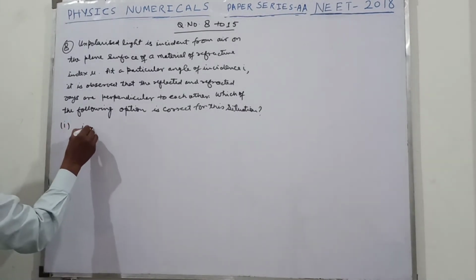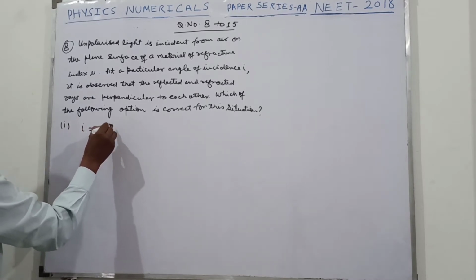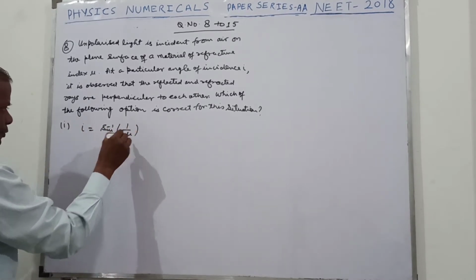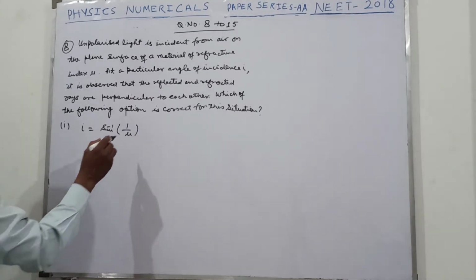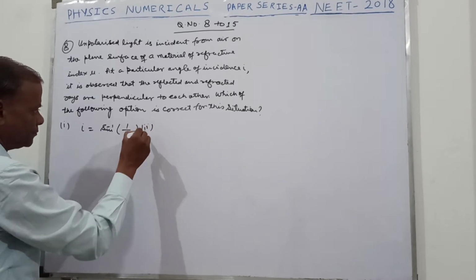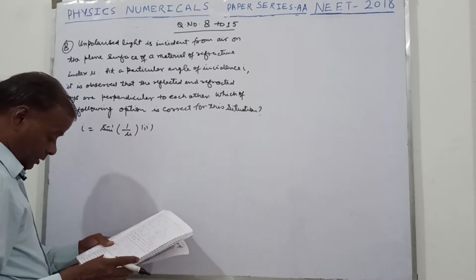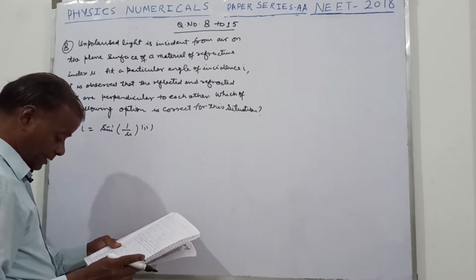Now the first option is i equal to sine inverse 1 upon mu. Second is: refracted ray is plane polarized.